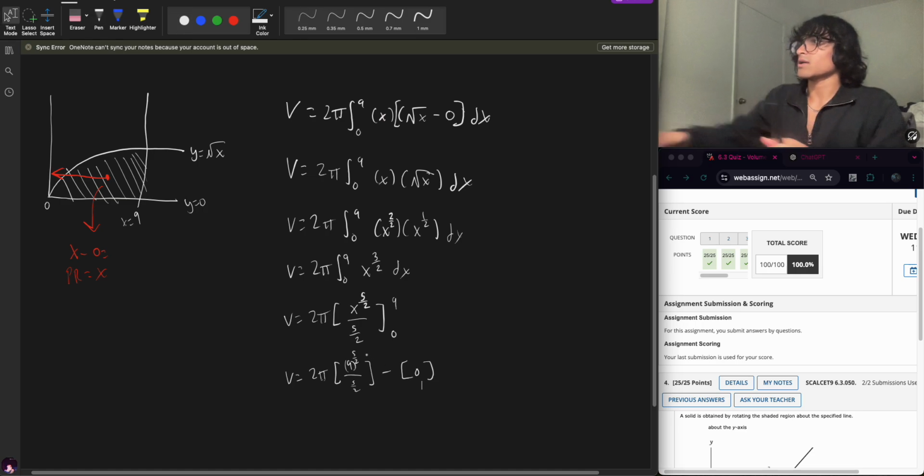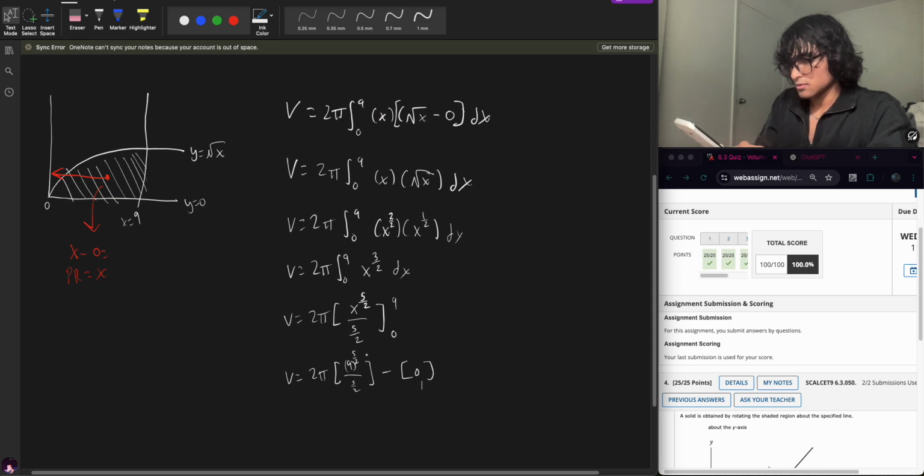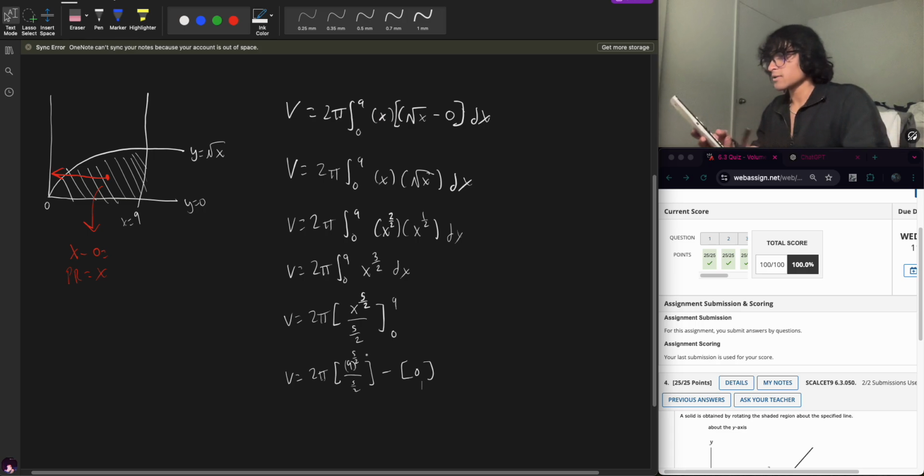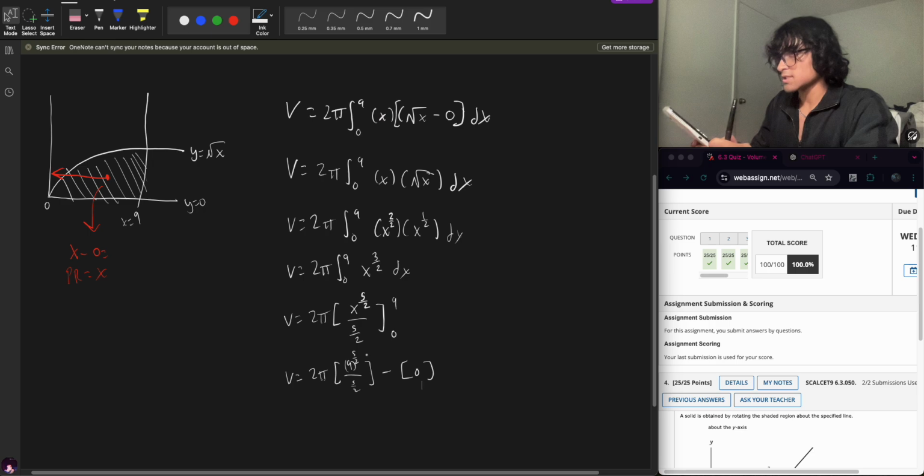Let's use our calculator for this. 9 to the power of 5 over 2, that over 5 over 2, gives 486 over 5.